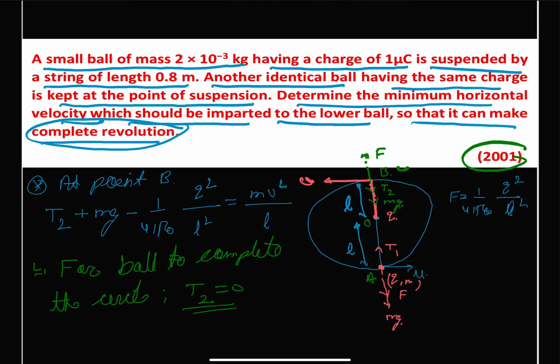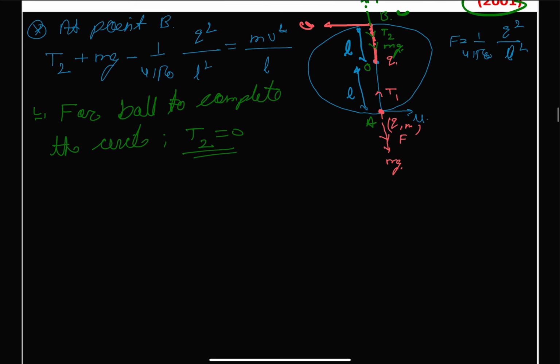It means at the highest point this tension should be equal to 0. So therefore we substitute T2 equal to 0. We can write the equation that mg minus 1 upon 4 pi epsilon naught q square upon L square is equal to mv square upon L.